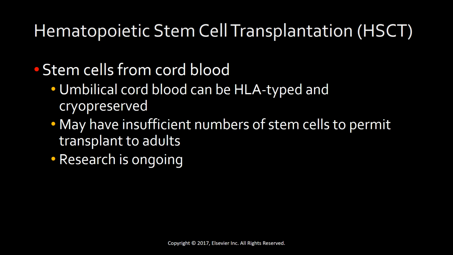There is a disadvantage of cord blood, which is the possibility of insufficient numbers of stem cells to allow transplant to adults. Currently, there is research ongoing to define the optimal use of this technology.